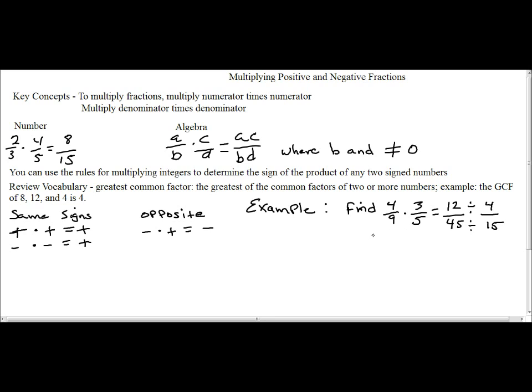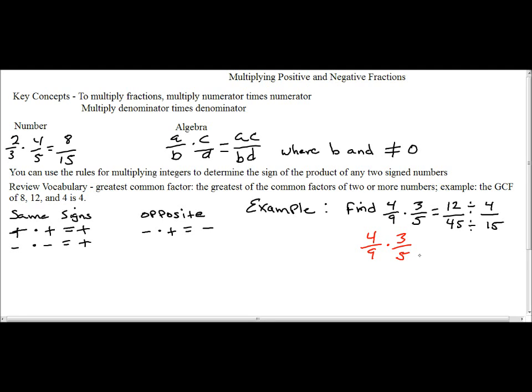So let's go back and look at this one again and see what I am trying to employ. 4 over 9 times 3 over 5, and here's where we will divide. We will look for factors of 4 and 5 because they're diagonally across each other.